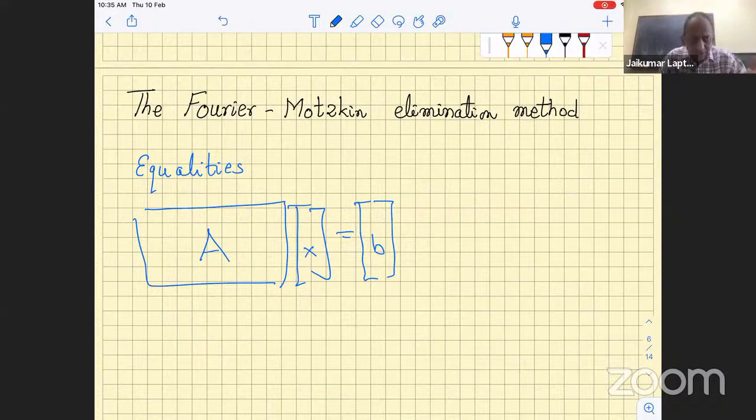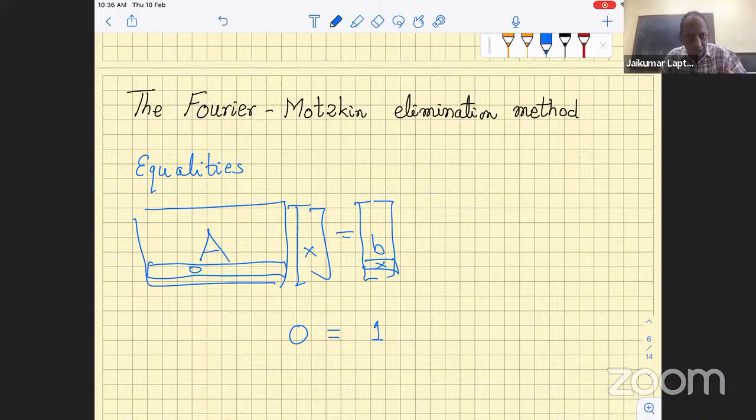Now, what we are taught is that you put this system in row echelon form. And if you ever get a row which has become zero here and non-zero here, then you can say that the system is not solvable. Otherwise, it is solvable. That means from these equations, by scaling them and adding them, one can derive the following contradiction.